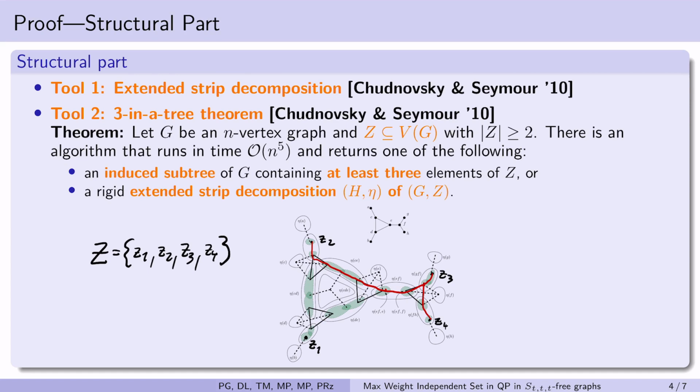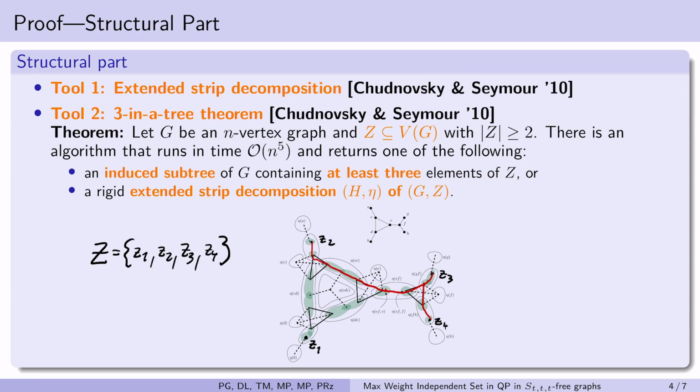We have a graph G and we have a set Z, a subset of vertices, and our question now is to find in polynomial time one of two outputs: either an induced subtree on at least 3 elements of Z, so I will get some induced subtree on 3 vertices out of all the vertices I put into Z. That's understandable. But what happens if there is no such outcome?